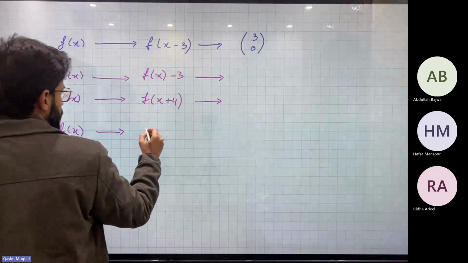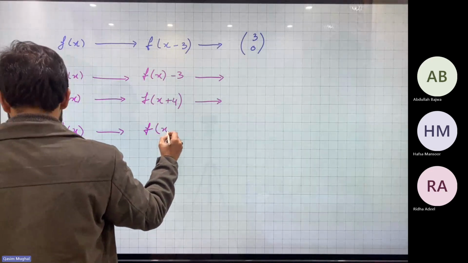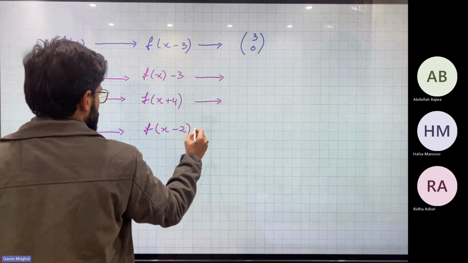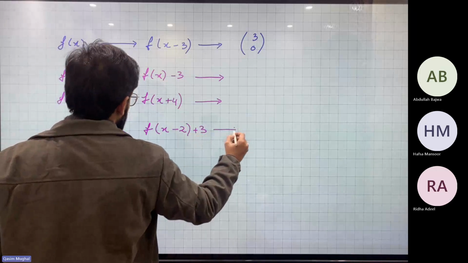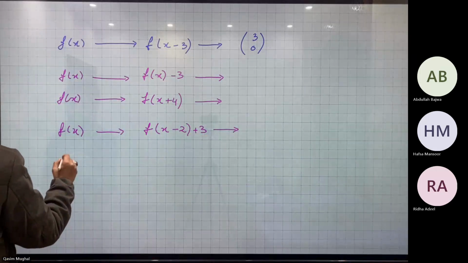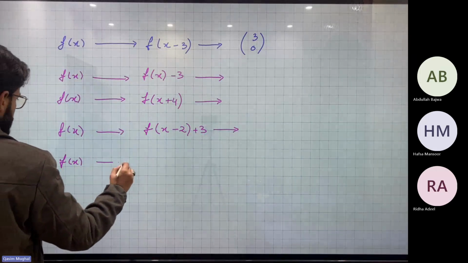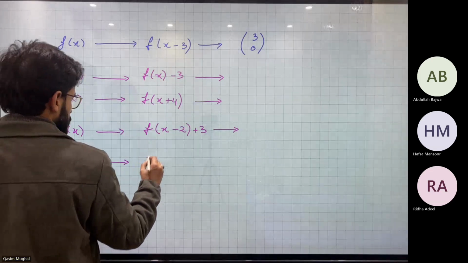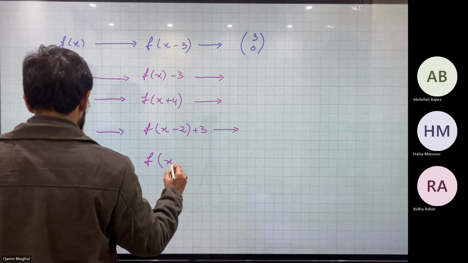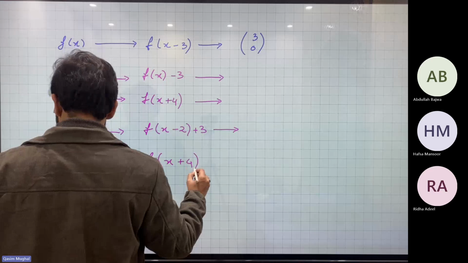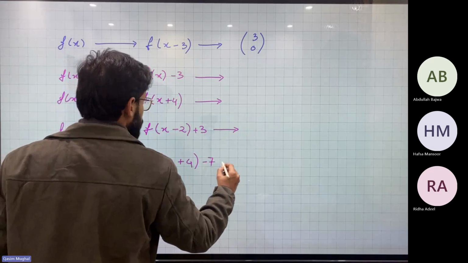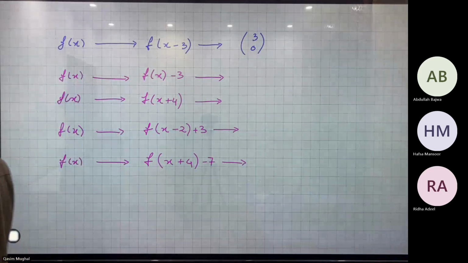F of x minus 2 plus 3. What would be the vector? F of x has become f of x plus 4, then minus 7. What would be the vector?